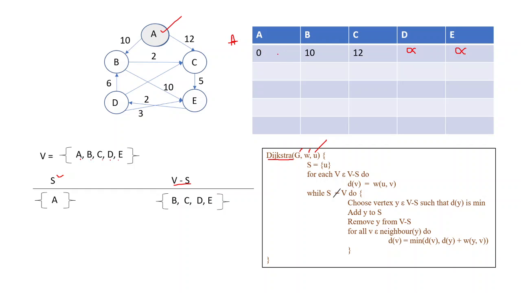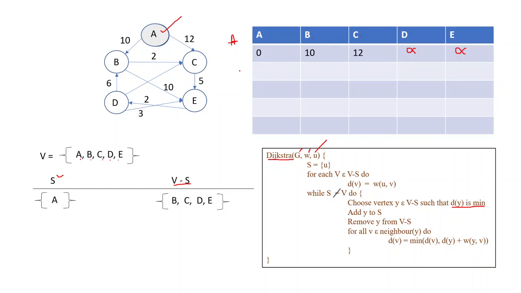Now in V minus S we have B, C, D and E, and we have path costs for B and C, and for D and E this is infinite. So the distance d[y] is minimum for A to B, minimum among all the possible candidates.